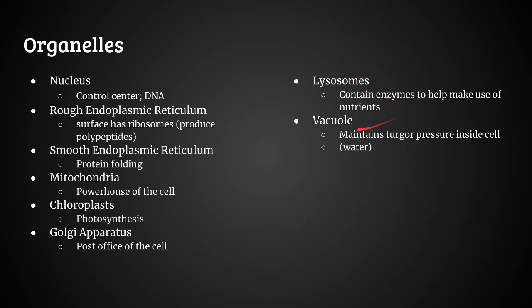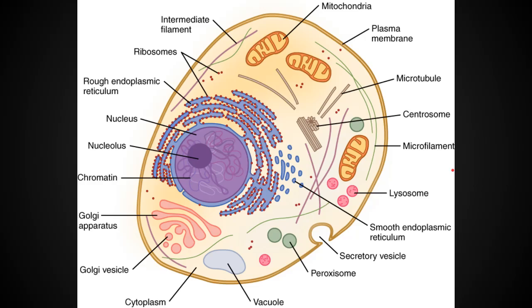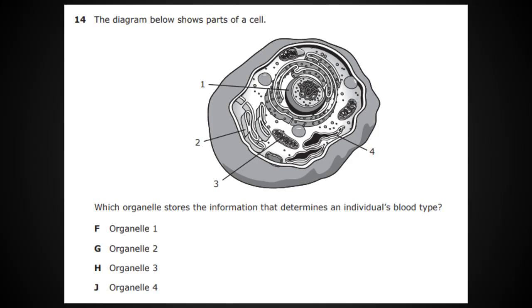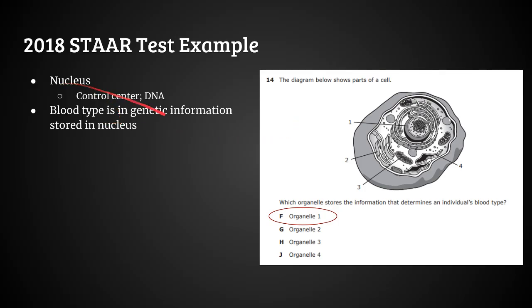Lysosomes, which contain enzymes, and then the vacuole, which is where you have your turgor pressure and water. And there's a little image of a cell, and here we see why that might be important. It asks us where is blood type stored. That would be a DNA thing, so we would find that in the nucleus, organelle number 1, right there.